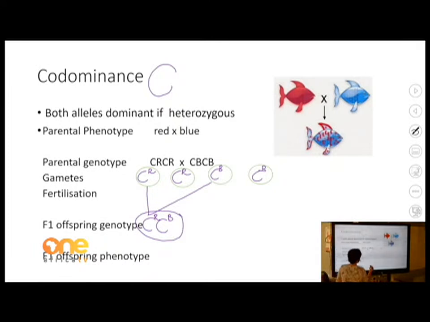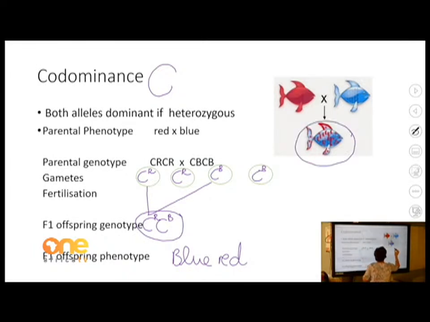So we have a blue-red or red-blue individual. Of course, when two of these will mate, there will definitely be red ones and blue ones, and of course some blue-reds or red-blues.